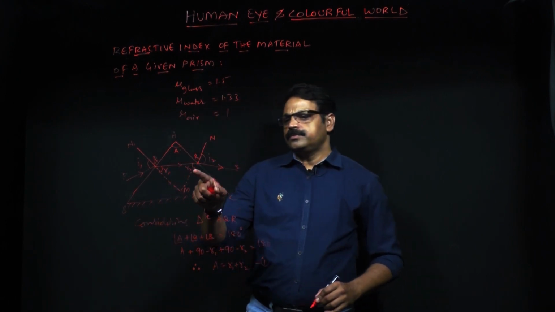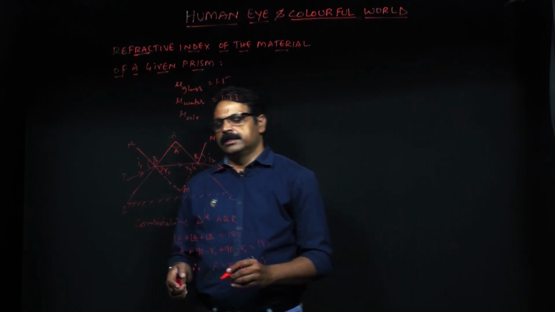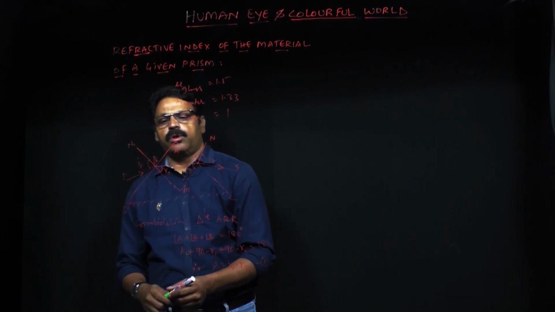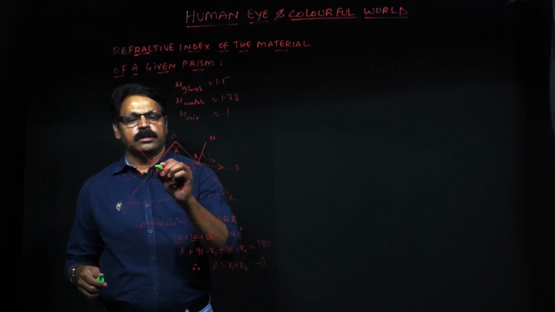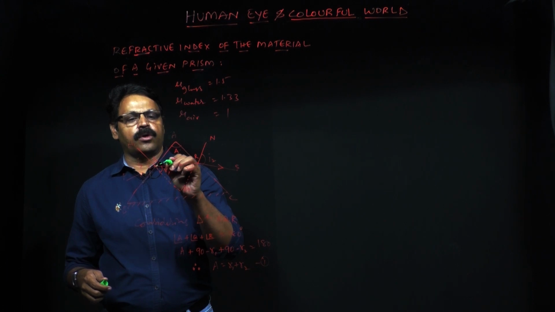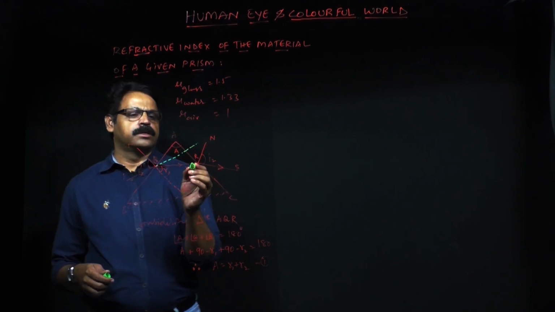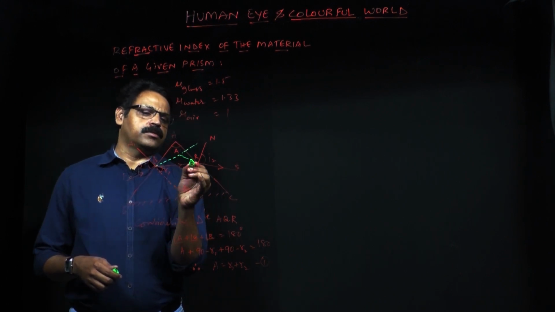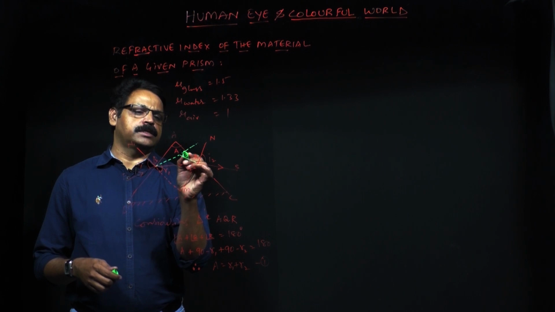Now looking at the second case, if this ray were not undergoing refraction, it would have gone in an undeviated path like this. So the original emergence is this. That means it is deviated by this much.